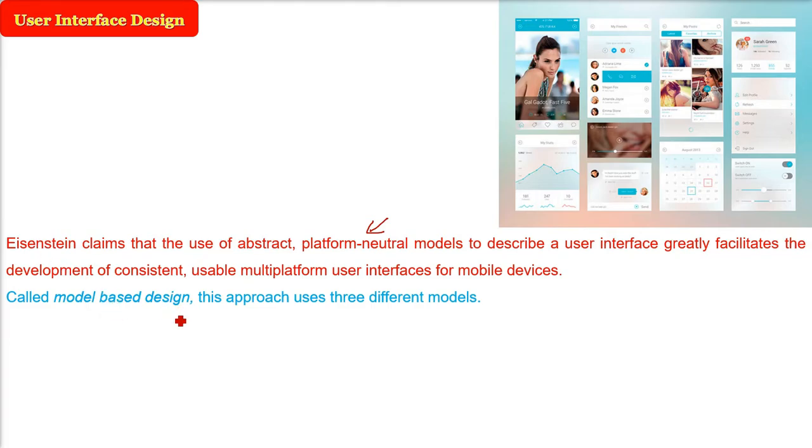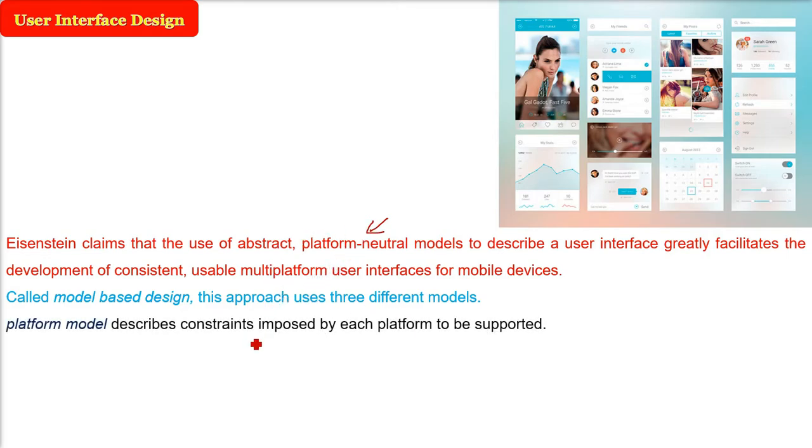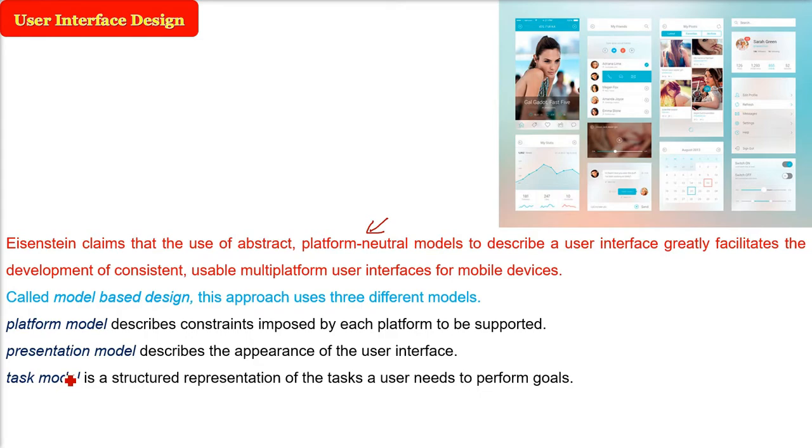In this model-based design, there are 3 different models. The approach is catering to 3 different models you have to make: platform model, presentation model, and task model. The platform model describes the constraints which are imposed by each platform, because you have to make your app work on each platform.